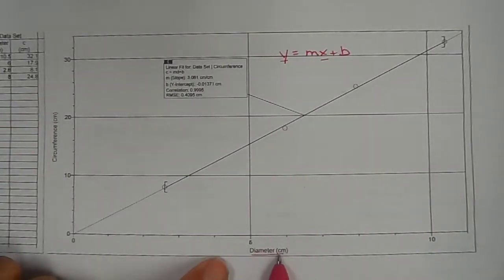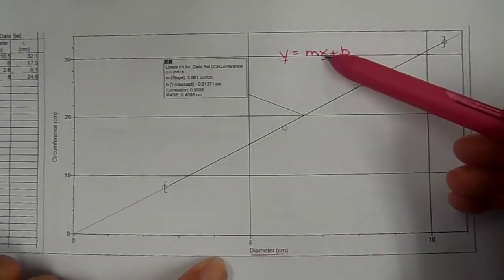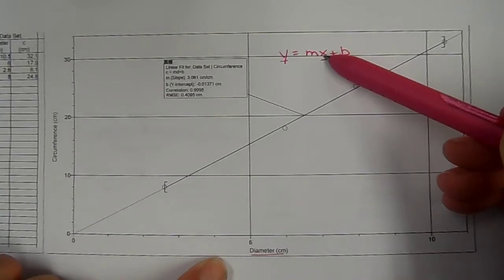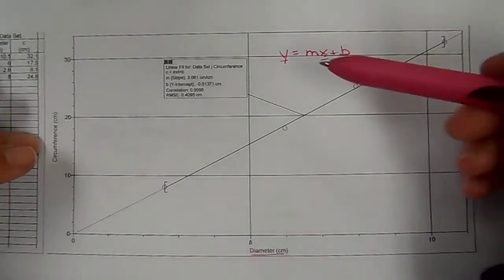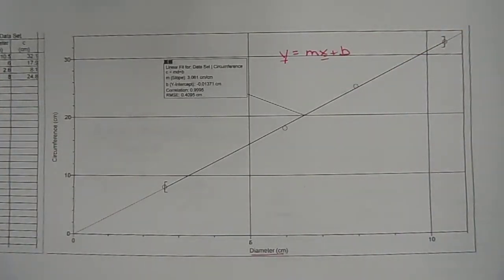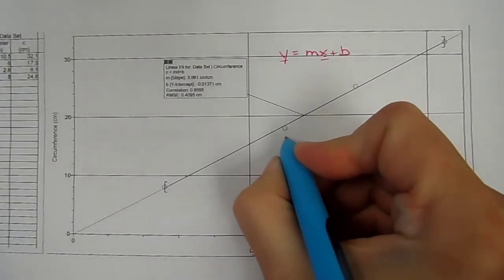So remember, our independent variable goes on the x-axis. So whichever variable that we have down here plotted on our x-axis is going to be substituted in for this x variable. Whichever variable we have over here on our y-axis, our dependent variable, is going to be substituted in for our y in our equation. So in this case, y is the circumference.